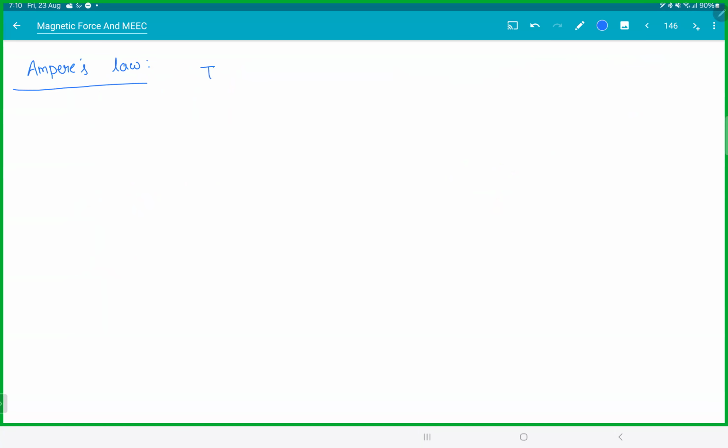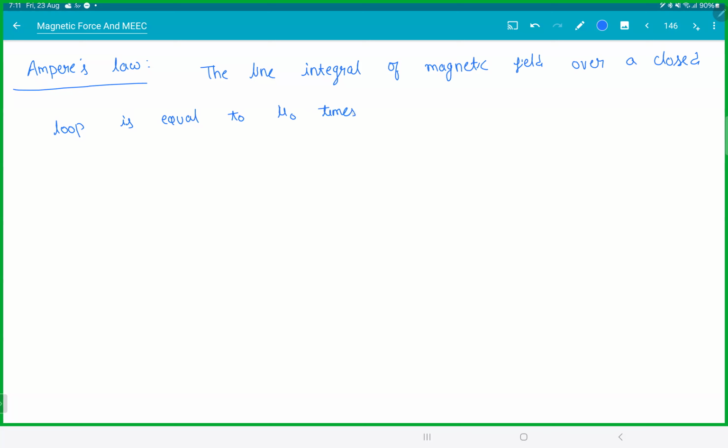What this says is that the line integral of the magnetic field over a closed loop is equal to mu naught times the current crossing the loop.